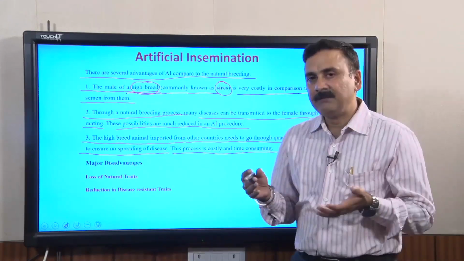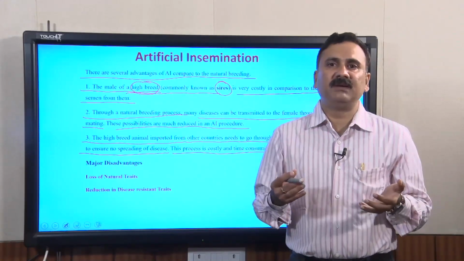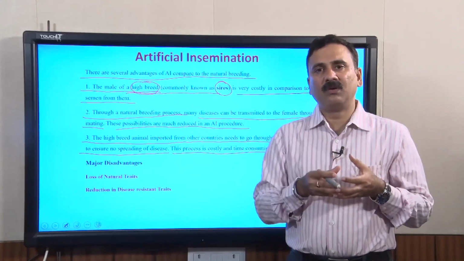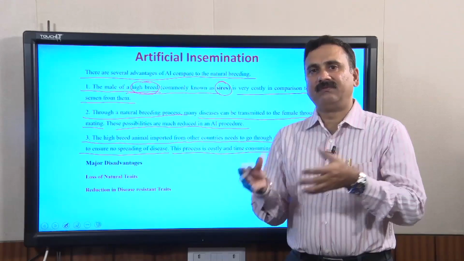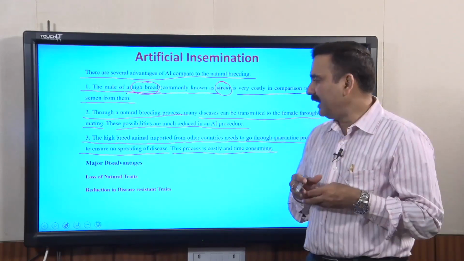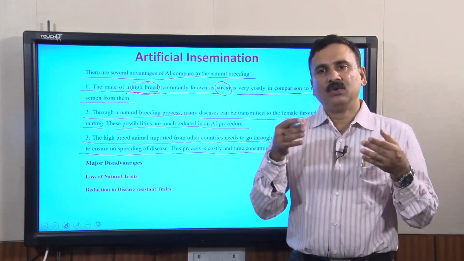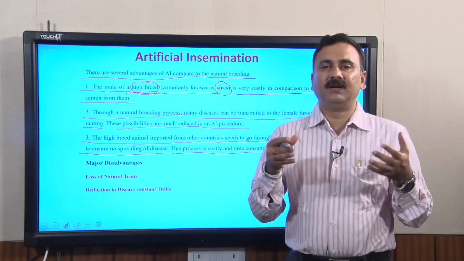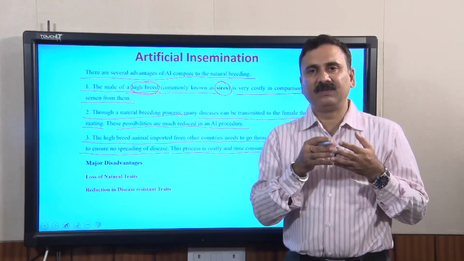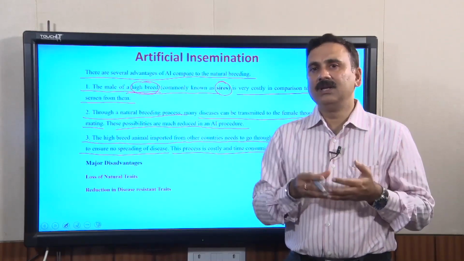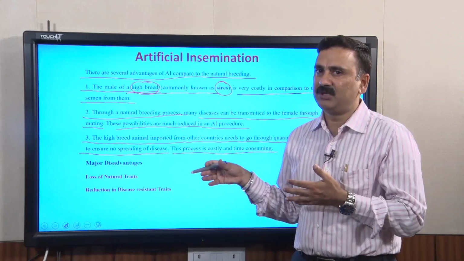The number 2 is, because you are using artificial insemination, you can control many of the sexually transmitted diseases from the male to the female and so on. And the third is that you do not have to keep these animals under the quarantine process. So, you can save time as well as money by following artificial insemination.